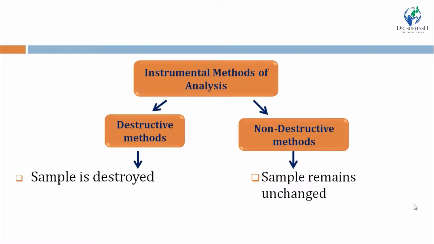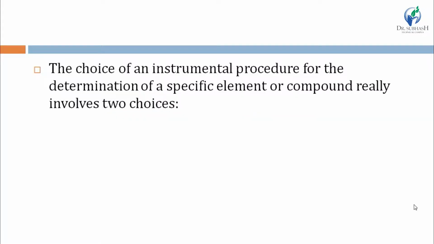In destructive methods, we cannot get back our sample, while in non-destructive methods, after performing the analytical procedure, we can get back our sample in unchanged form. So based on sample destruction, instrumental methods of analysis are divided into 2 main classes, destructive and non-destructive methods.